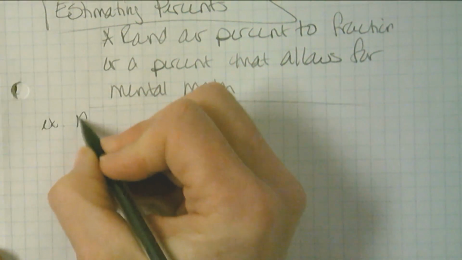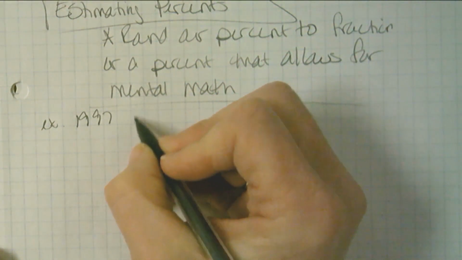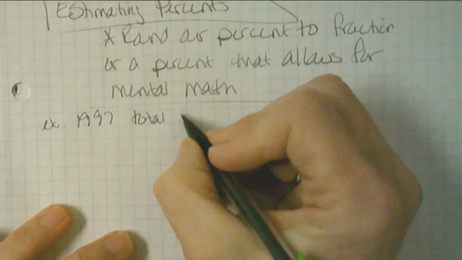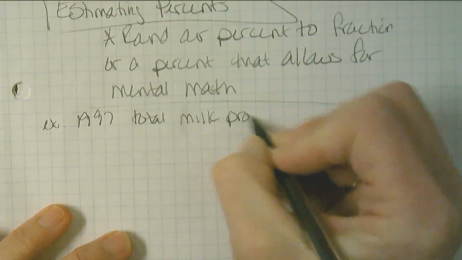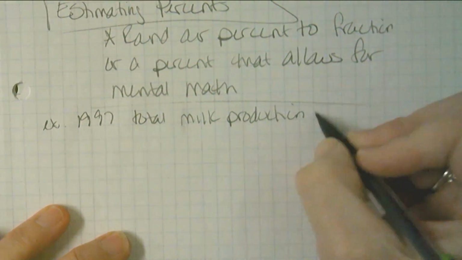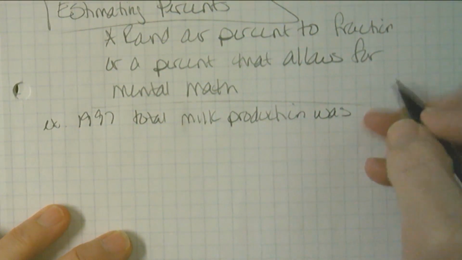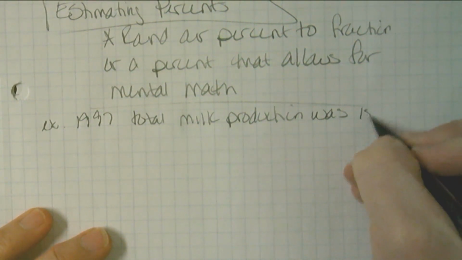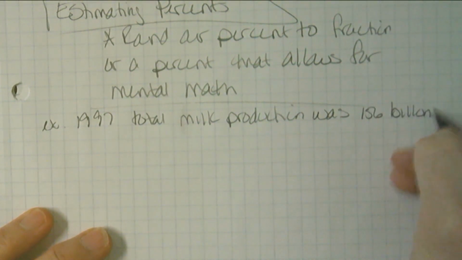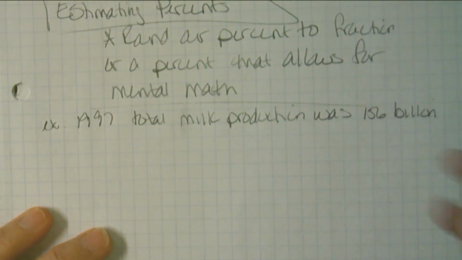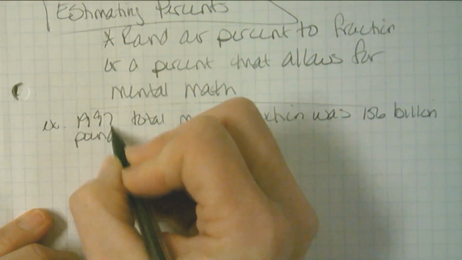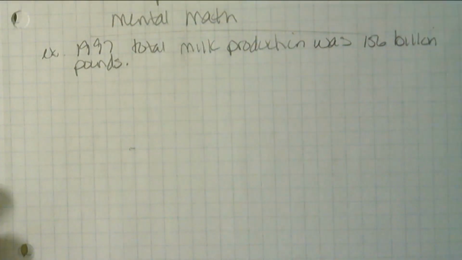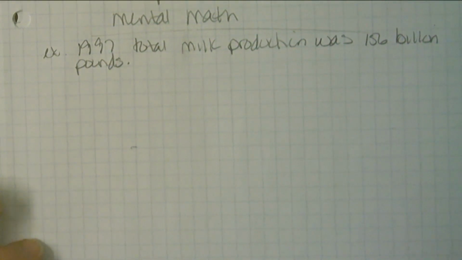In 1997, total milk production, you're writing this down, was 156 billion pounds. So in 1997, total milk production was 156 billion pounds.